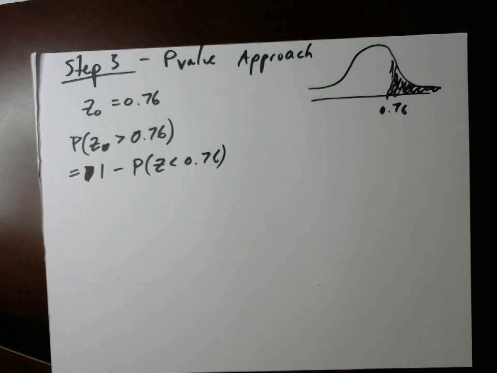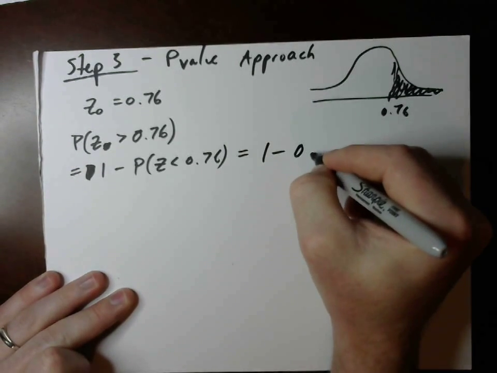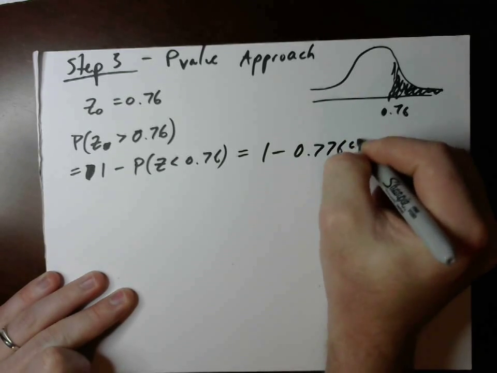Looking this up on the z-score table, let's check it out real quick. We have 0.7764. So we have 1 minus 0.7764.